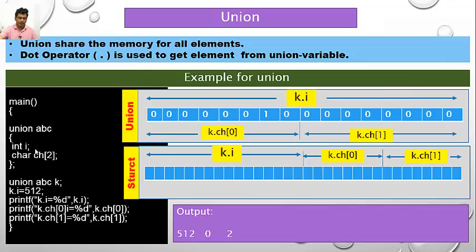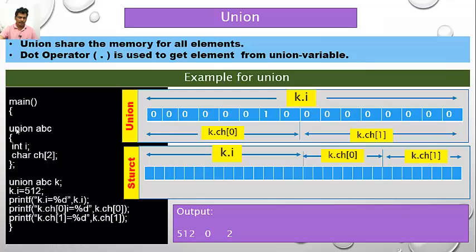I requires 2 bytes, ch of 2 requires 2 bytes, float f requires 4 bytes. Which one is biggest? f is the biggest, so it allocates 4 bytes. The 4 bytes are for f, the first 2 bytes for I, the first byte for ch of 0, the second byte for ch of 1.